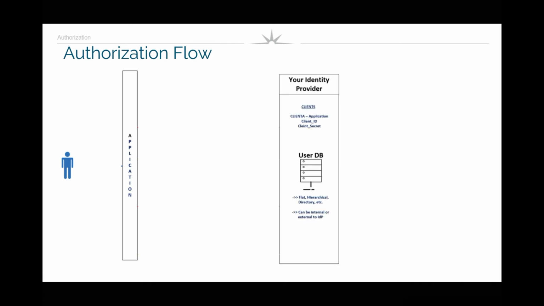But for the purposes of this video, we're going to stick to one authorization scenario, which is the authorization code flow, which is basically a grant type that's requesting an authorization code from an identity provider's authorization server. And in this flow, you're looking at three things being involved, right? It's going to be your user, it's going to be your application, and it's going to be your identity provider. And your identity provider, as we stated before, is going to have a user database.